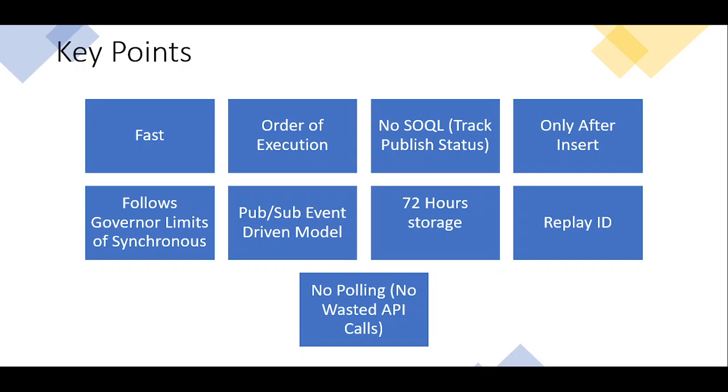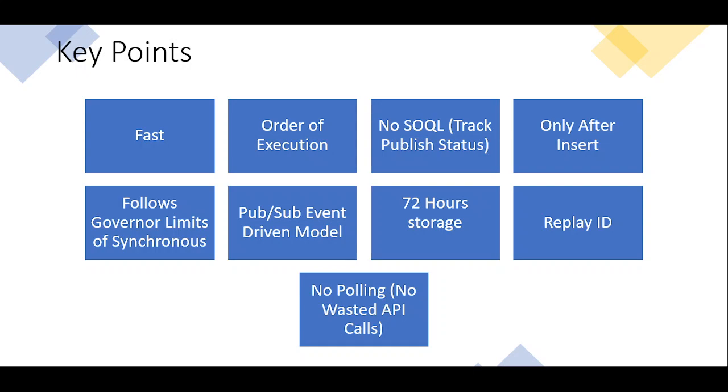Once you enable it, you can track the platform events which had been published in the past and check whether they were successful or unsuccessful. If they are unsuccessful, you can get the universal ID, the event UUID. I can show you once I create platform events. Then you can resubmit that universal ID, and the platform event can be reprocessed.